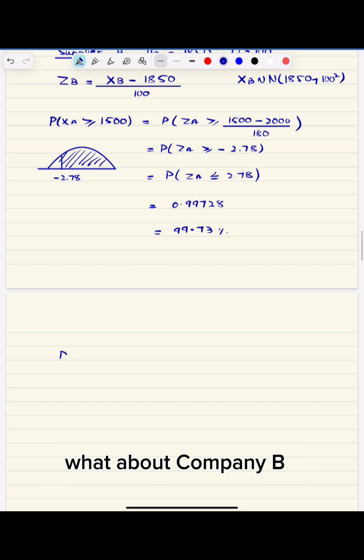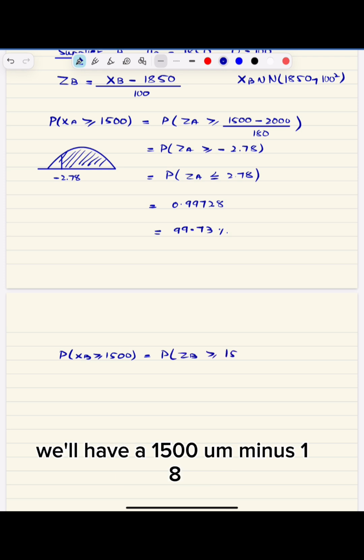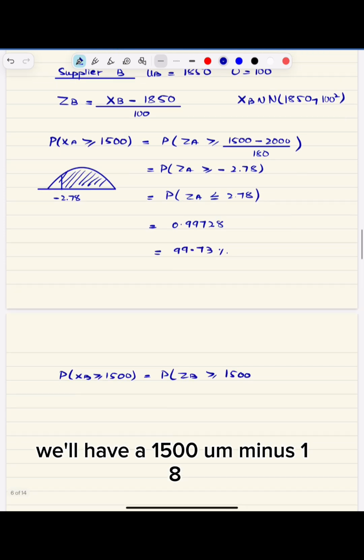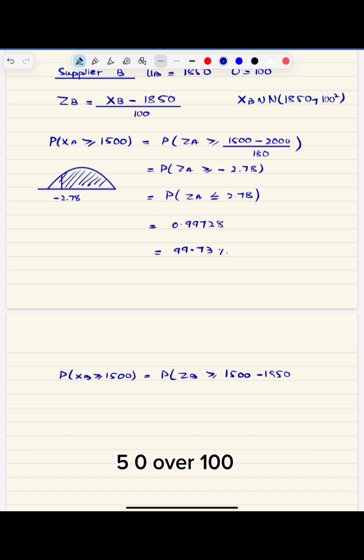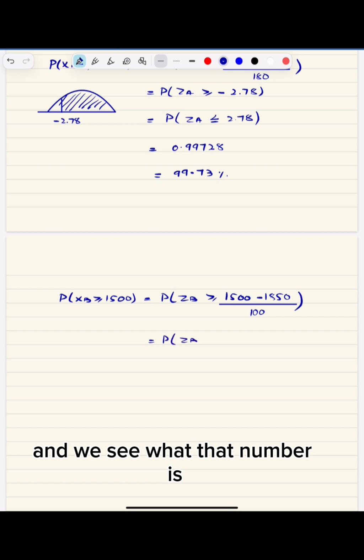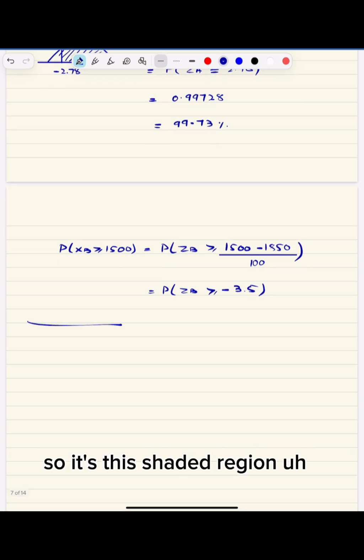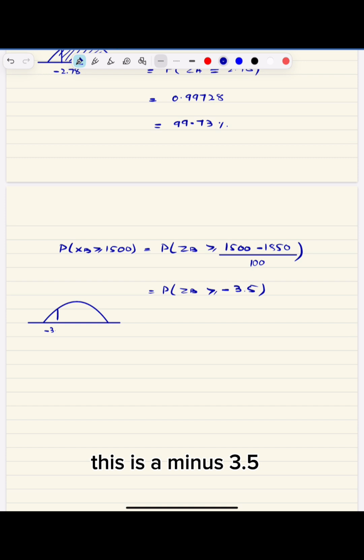What about company B? When we convert this for company B, we'll have 1500 minus 1850 over 100. We take out our calculators and we see what that number is. It becomes a minus 3.5. So it's this shaded region. This is a minus 3.5.